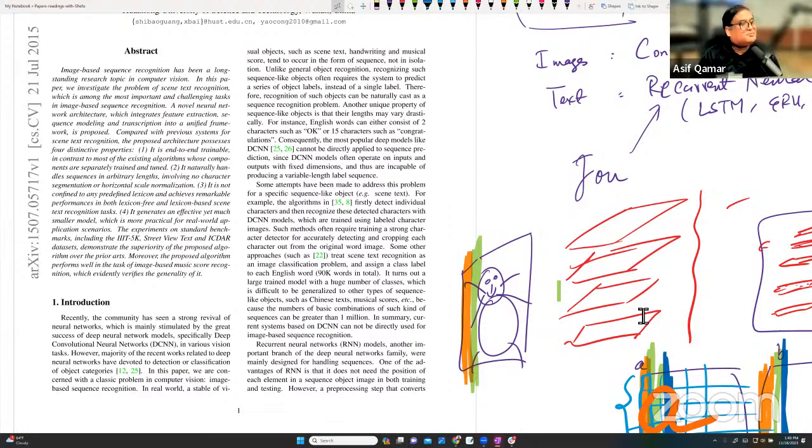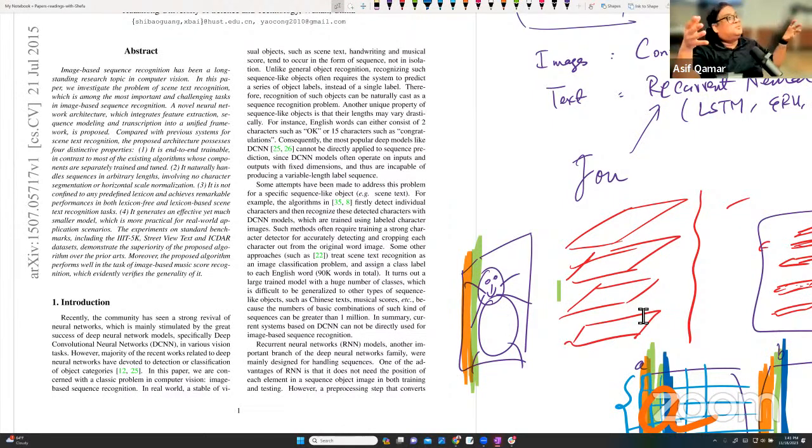And then the next point it makes out is, it generates an effective yet much smaller model, which is true. What people were doing is they were hacking by putting lots of models in a pipeline, right? And guys, do you notice that this whole thing keeps going on? We have a certain amount of technology, like today. You guys made your enterprise pipeline. So many pieces are there in the pipeline, right?